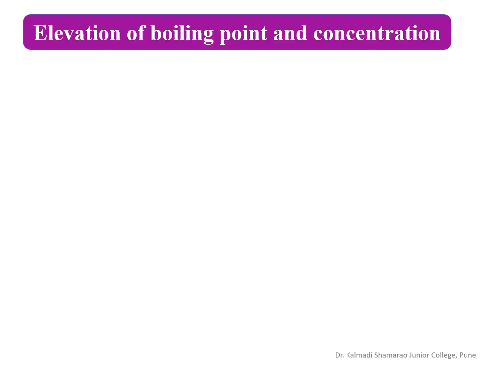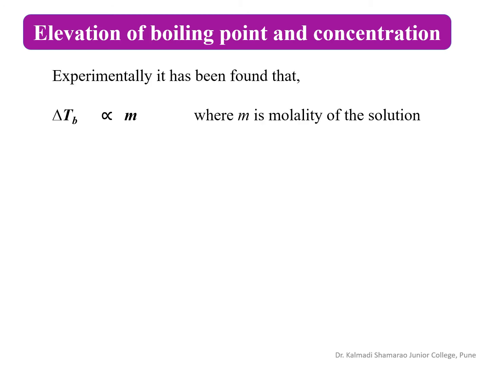Let us now study the relationship between elevation of boiling point and concentration of a solution. Experimentally, it has been found that elevation of boiling point delta Tb is directly proportional to m, where m is the molality of the solution.